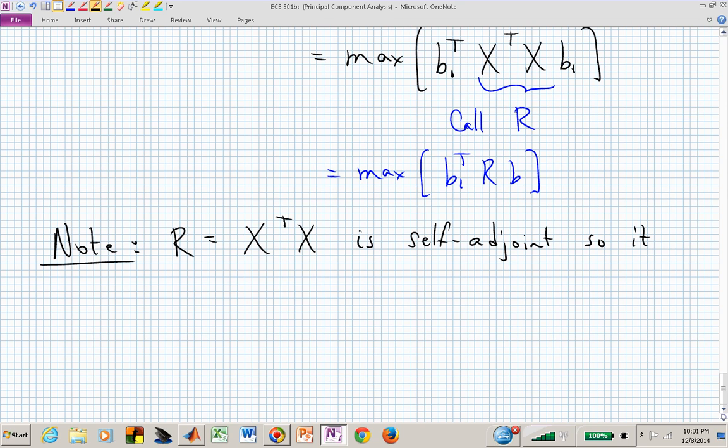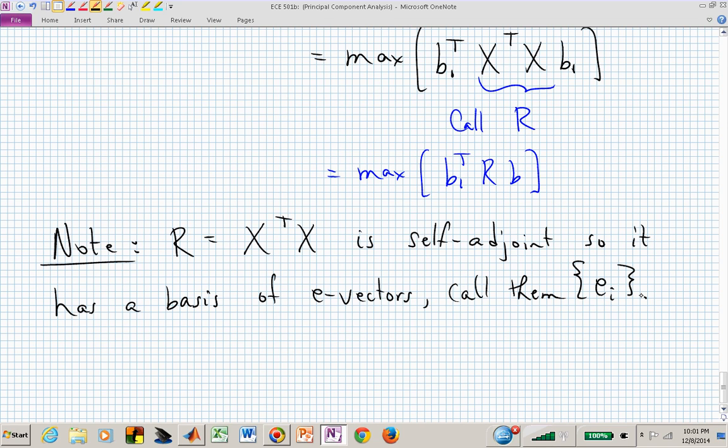Those eigenvectors are orthonormal, or can be made orthonormal. So R, which is X transpose X, is self-adjoint, so it has a basis of eigenvectors, and we're going to call them e sub i.